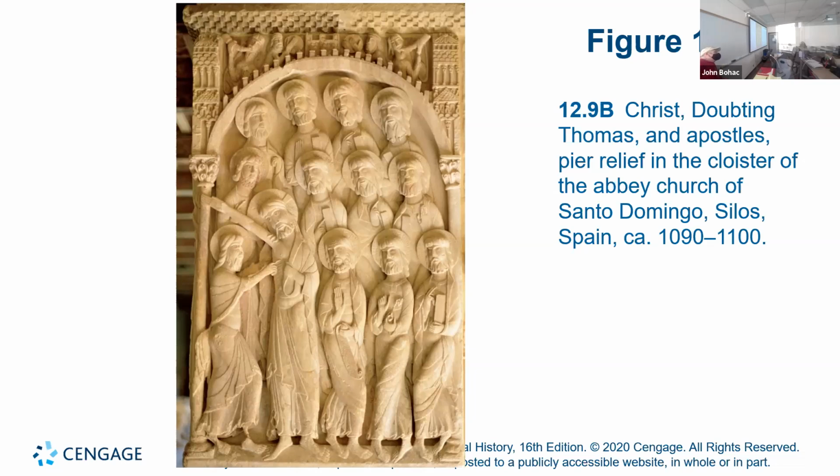Second is that there was an apostle that did not attend. He was gone. We don't know his whereabouts, but we know he was not there when Christ came back and appeared before his apostles. And when they told Thomas, the absent apostle, about what happened, he said, I don't believe you. You guys are crazy.